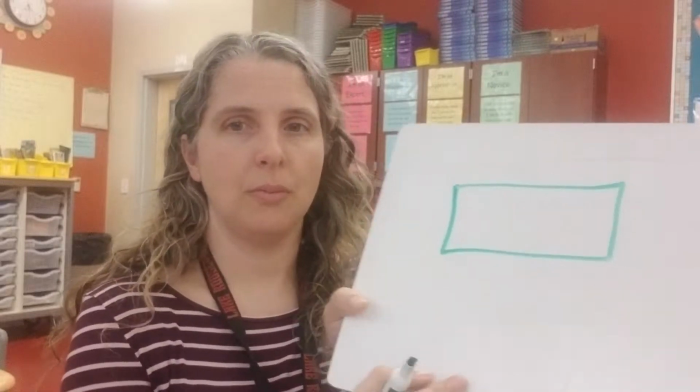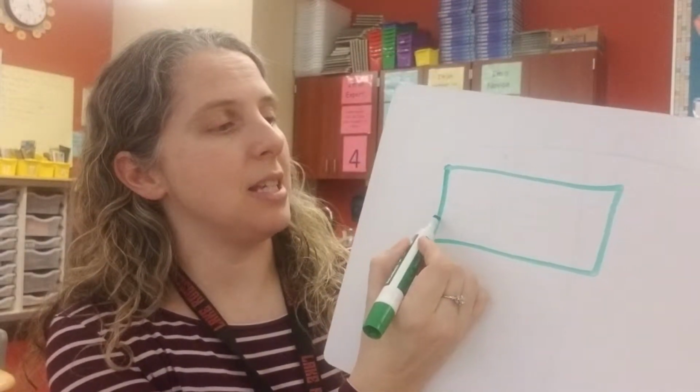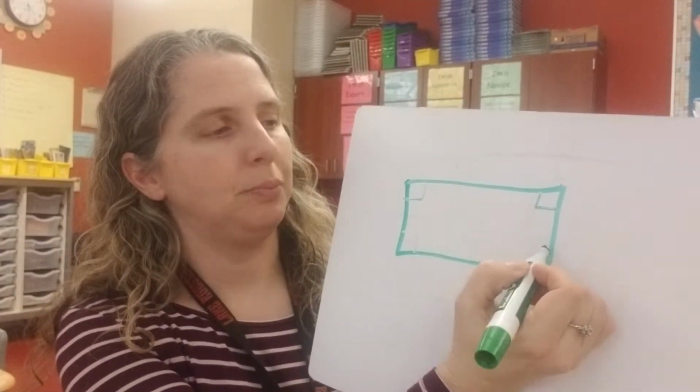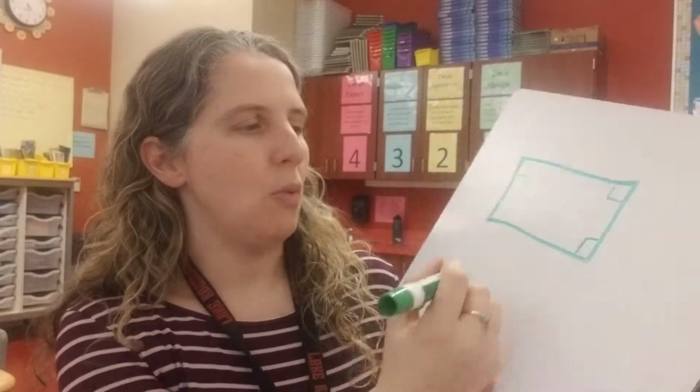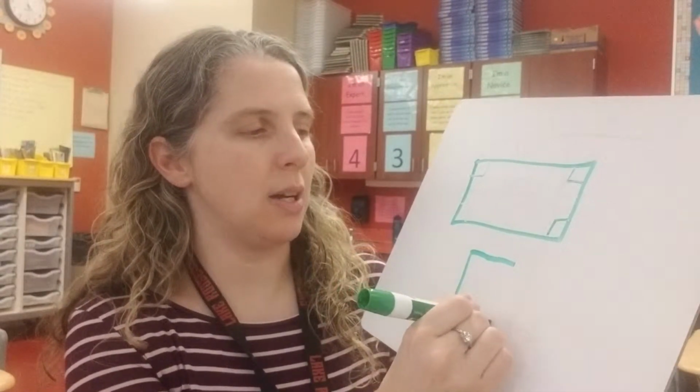So, for instance, you know this one is a rectangle, right? That's not a perfect rectangle because, you'll see in a minute, it does have to have 4 right angles. Okay, what would you call this one if I were to measure it out perfectly?